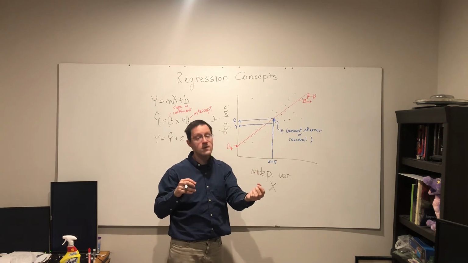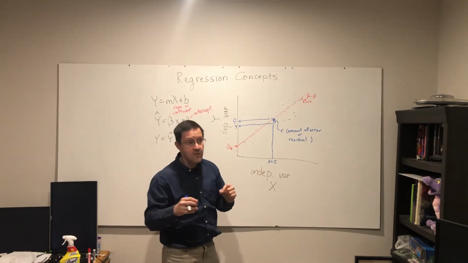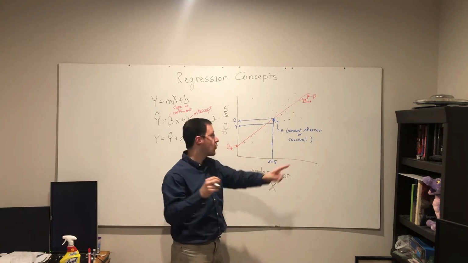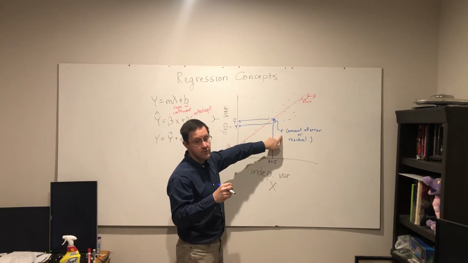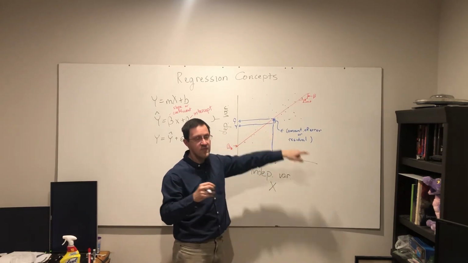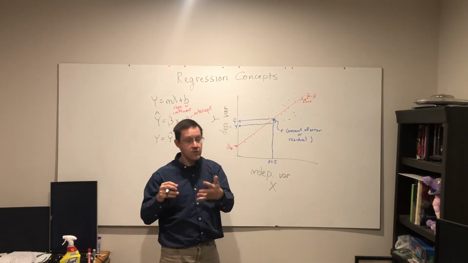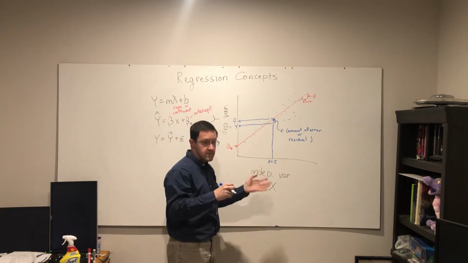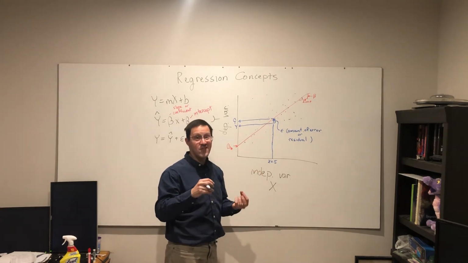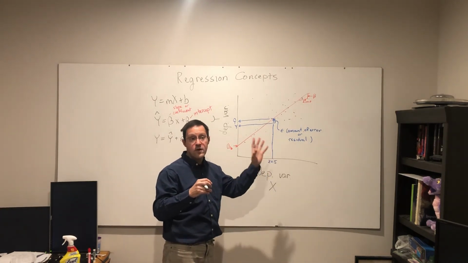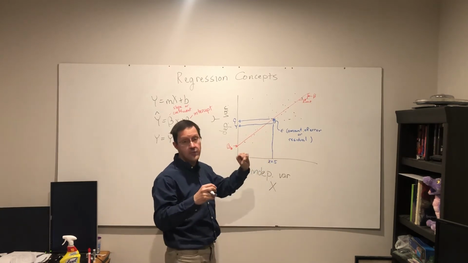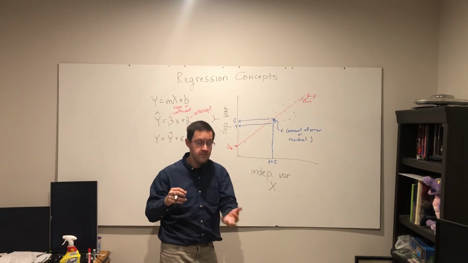So instead of absolute value, what we use is we square this residual. We're not actually going to deal with the squared residuals ourselves. We're going to let Excel or ArcGIS or GeoDa handle all of the calculations for us.